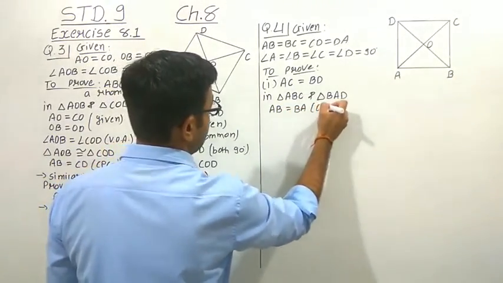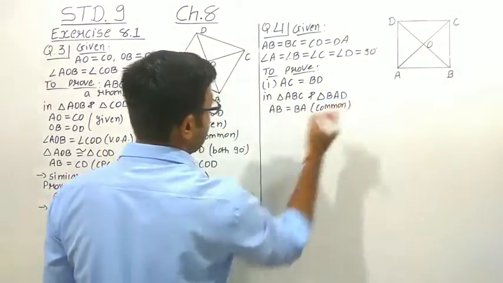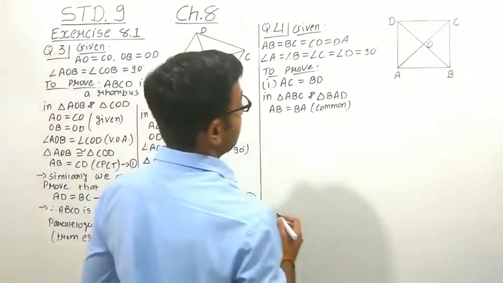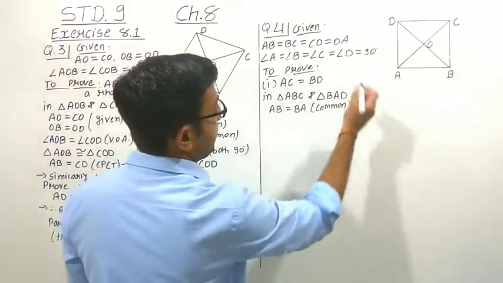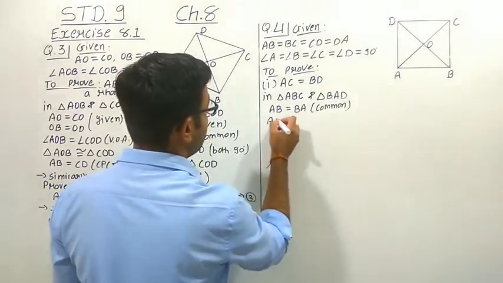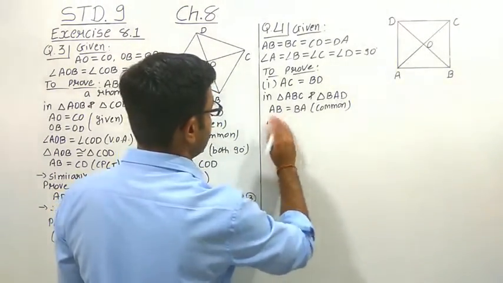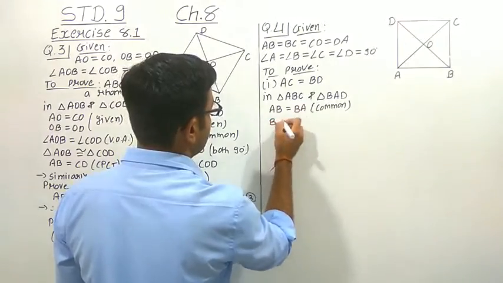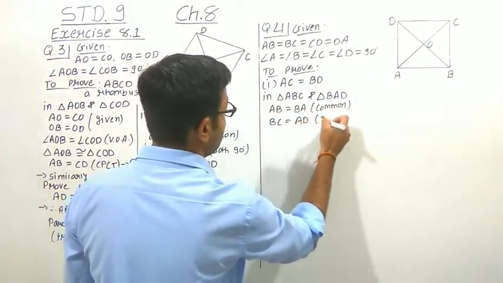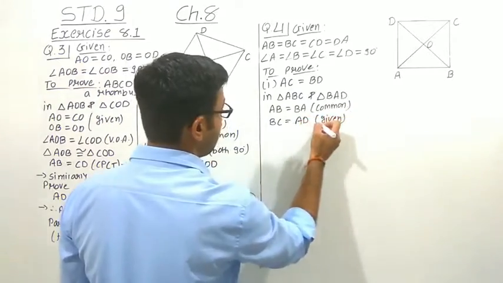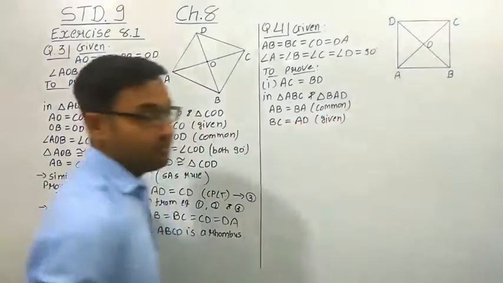This is the common side, right? Second thing we can write down is that BC is equal to AD. This is given, because all the sides of the square are equal. So BC and AD will become equal.